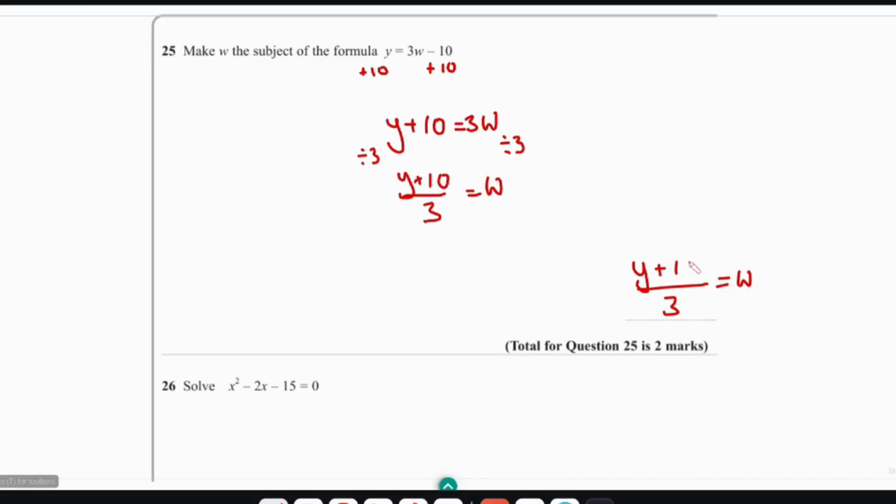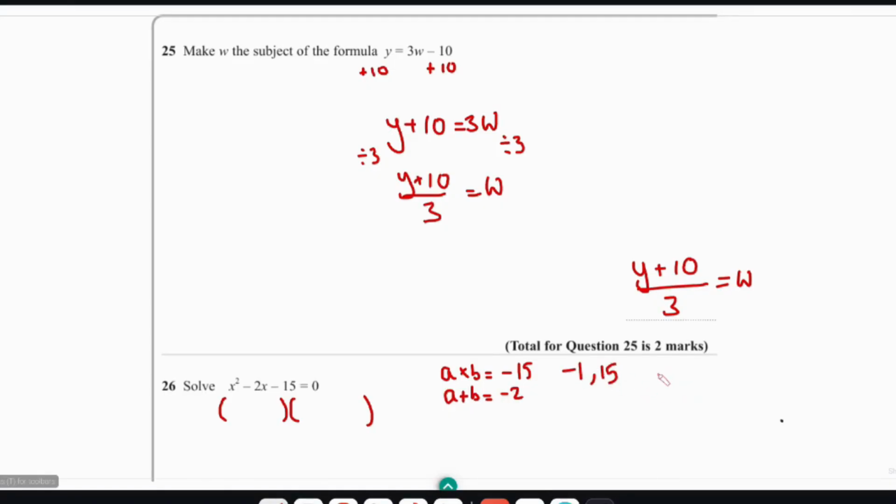Solve. So because it's a quadratic equation, we need to factorise it first. This is a double bracket factorisation. So we're looking for two numbers that multiply to get negative 15 and add to get negative 2. So to multiply to get a number that's negative, one has to be negative, one has to be positive.